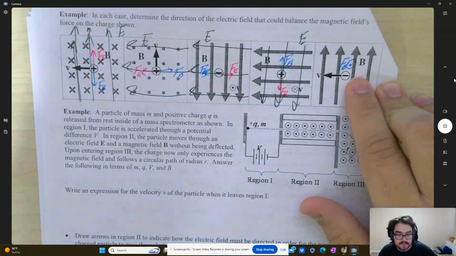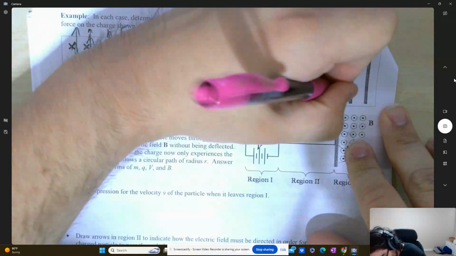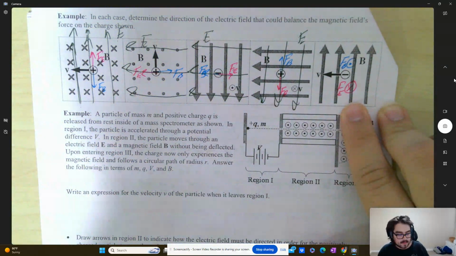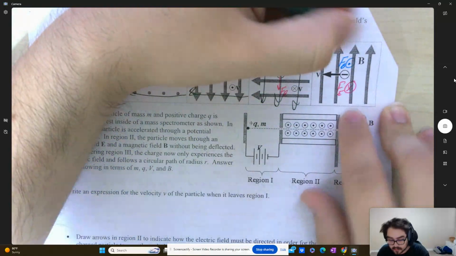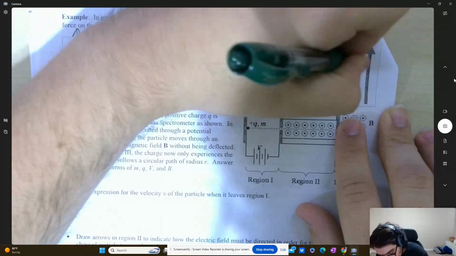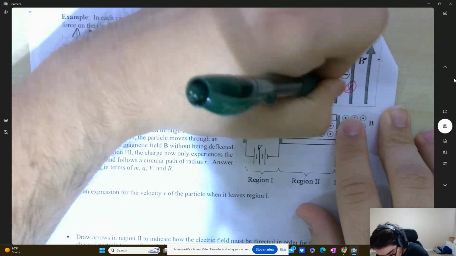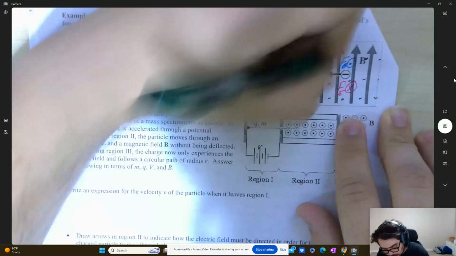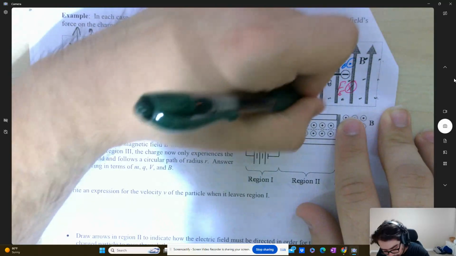So that means that the E field force needs to go into the page. And then that would mean that the electric field, since it's a negative charge, would need to go out of the page. So that's what all the little dots are for.